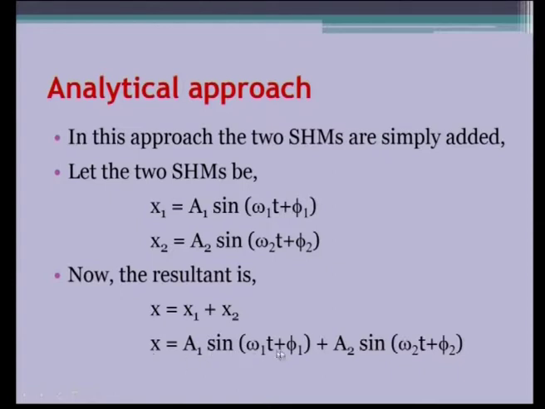It is just substituted in the place of x1 and x2, we have the substitution done here. Now, have a look at this equation. When we have a look at this equation, it is to be mathematically handled. See, the two terms, A1 sin(omega 1 t plus phi 1) and A2 sin(omega 2 t plus phi 2), these two terms are trigonometric functions.